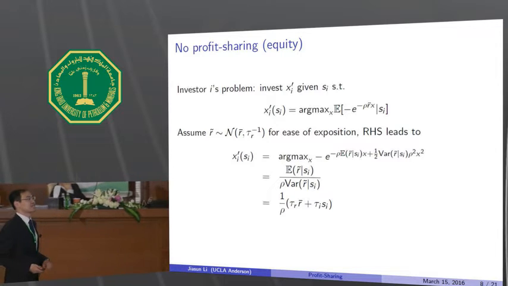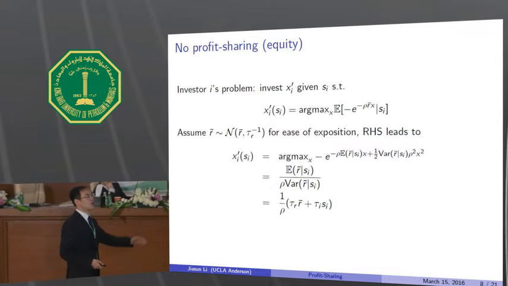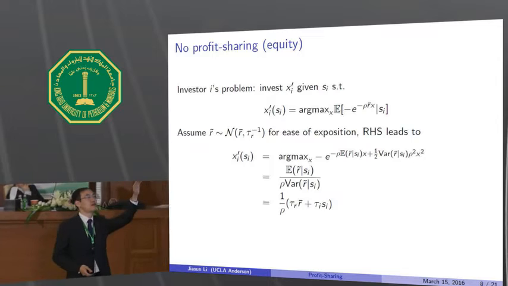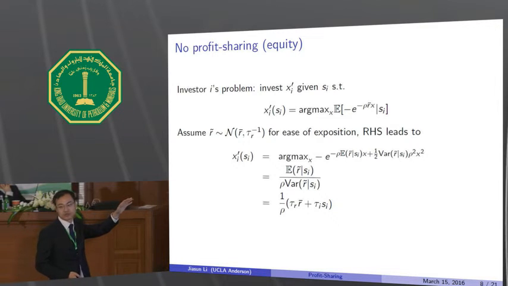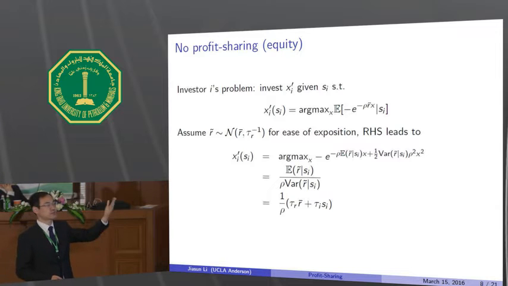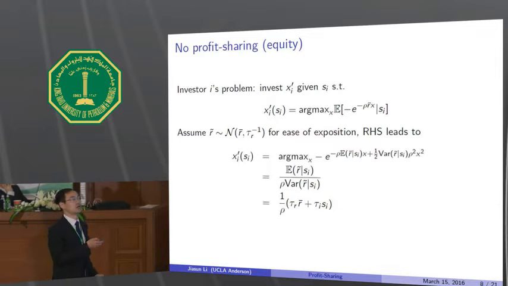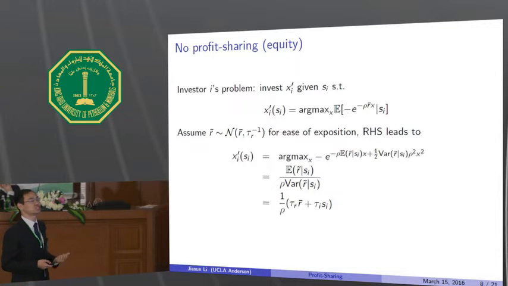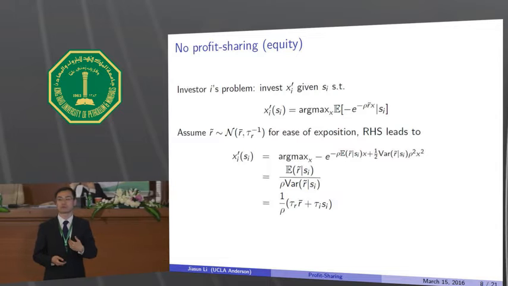So this is the first case. From my perspective, I have an exponential utility function, and my investment choice is to decide how much to invest to maximize my expected utility. The expectation is taken over the risky return, R tilde, and is conditional on my own private information.